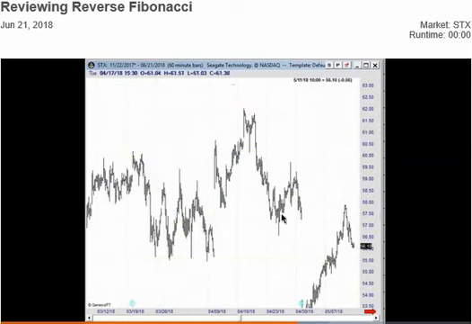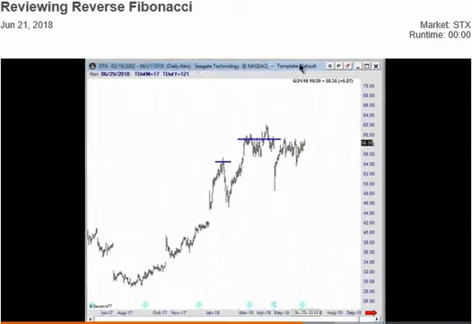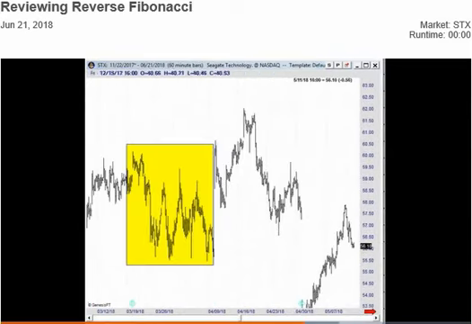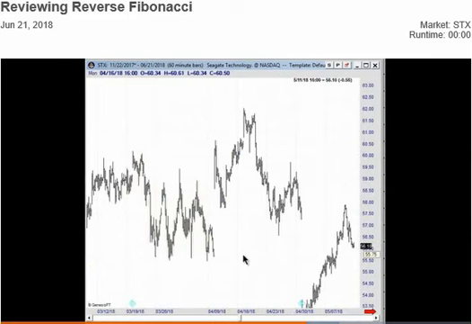Now, this price action to the left in the yellow box that I'm about to draw represents the price action that you see on the chart. I'm just working with a smaller time frame. So we take the entirety of the decline from high to low, there's the low, and multiply it by 1.382 and 2.0.